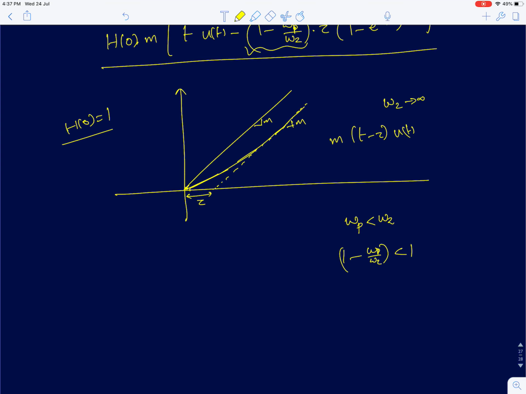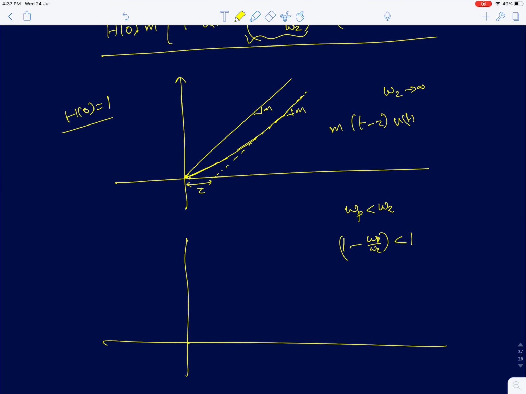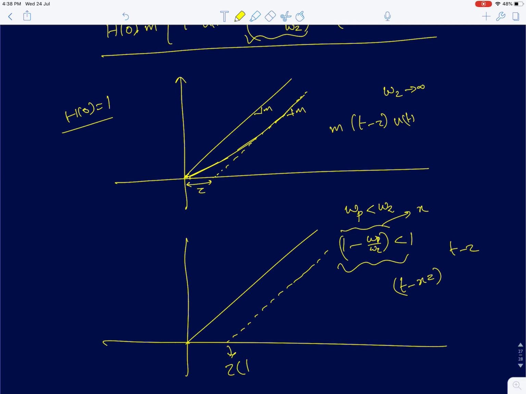So instead of the final value being t minus tau, it's going to be t minus x tau, where x is less than 1, that is, tau into 1 minus omega p by omega z. Here omega p is less than omega z, so your tau occurs here, but this value is here, so the output would be something like this.